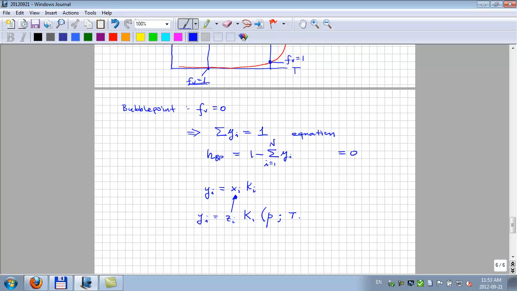Temperature's fixed, and zi is fixed, so the convergence pressure is fixed, if you will.